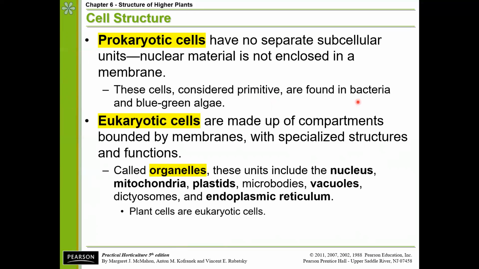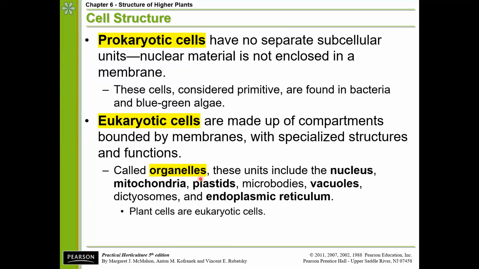Most of these prokaryotes are single-celled organisms. Eukaryotic cells, on the other hand, are multi-celled organisms, and they have membranes enclosing them, and each of the organelles inside of the cell, think of them like little miniature organs, has specialized structures and specialized functions.